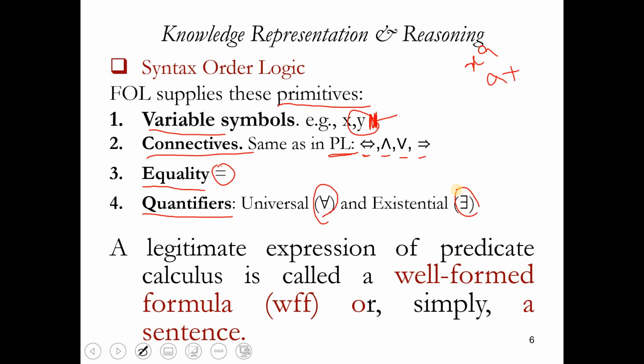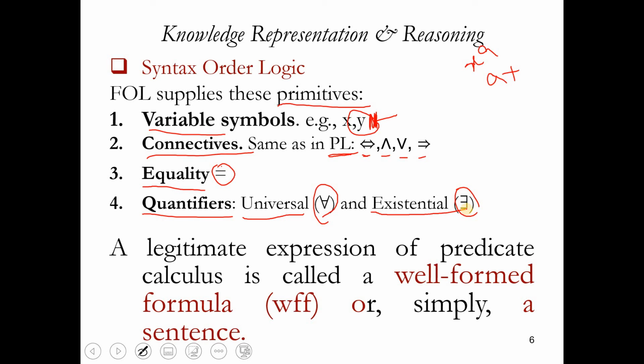The proper name for these: every is called universal, for all, and this other one, for some, is called existential. There exists. Existential comes from there exists. Okay. So there are four basics or four primitives supplied by the language. 3 by the user, 4 by the language.